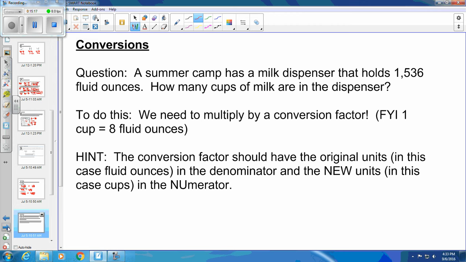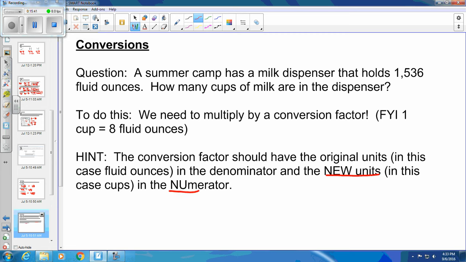The conversion factor should have the original units, in this case the fluid ounces, in the denominator, and the new units in the numerator. So we have the new units are going to be in the numerator.